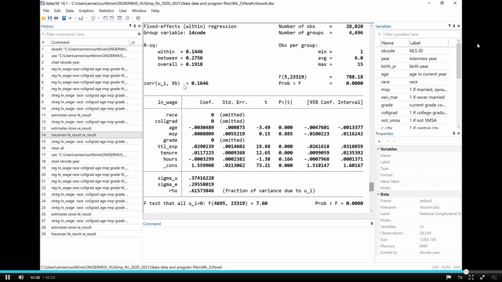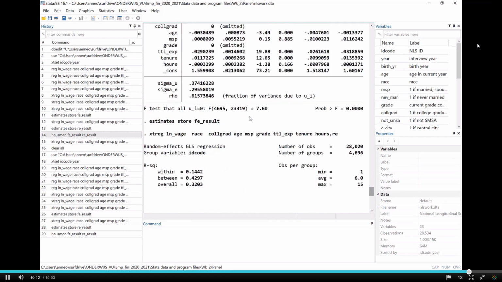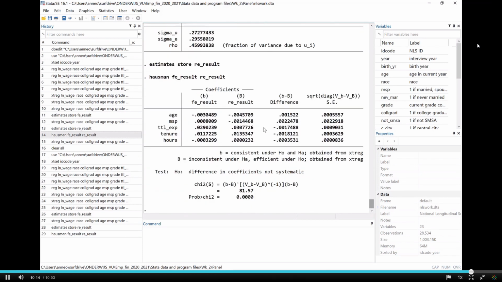So this already gave us an indication that, hey, be careful, maybe you are not allowed to use random effects. Now, this test confirms that and says, yes, there's quite some standard deviation here, but still, the difference for example in age is a factor 1.5, right? Minus 0.030, minus 0.046.